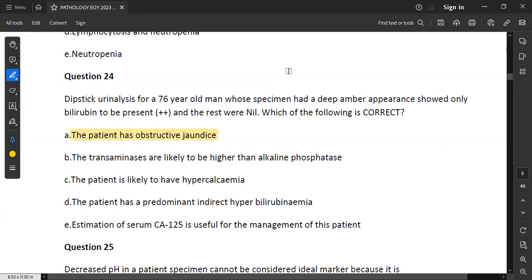So this bilirubin will increase, and it's the one which will associate with this man's increased bilirubin in the urine. So, are we together?